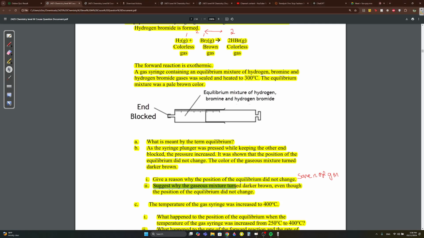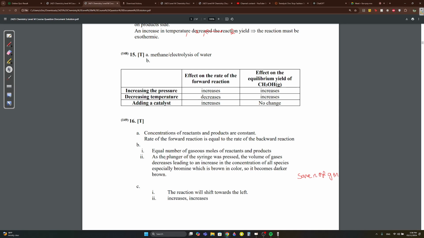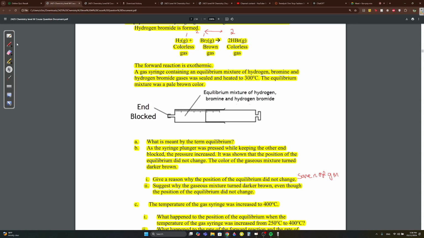Suggest why the gaseous mixture turned darker brown, even though the position of the equilibrium did not change. I think maybe because there's less volume. When you're pressing the syringe, you're closing it.